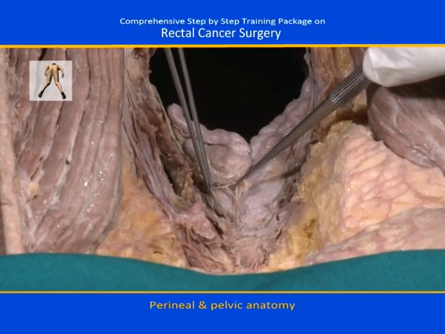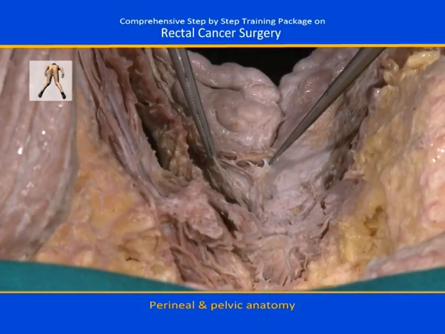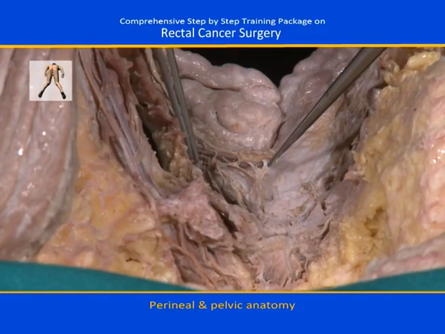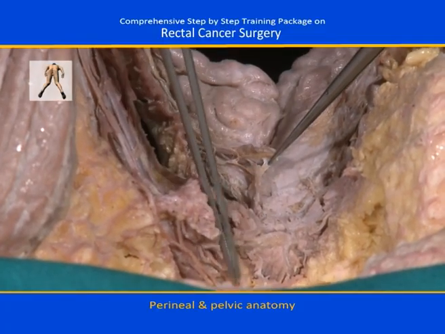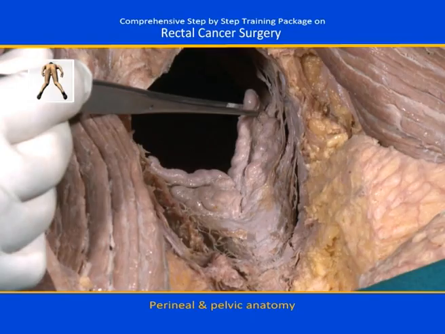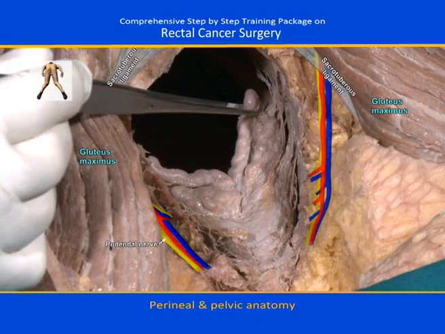Here, note that because the specimen was removed earlier, the cut edges of the autonomic nerves are exposed. This animation demonstrates the pudendal nerves and vessels, the urogenital organs, and the pelvic autonomic nerves.